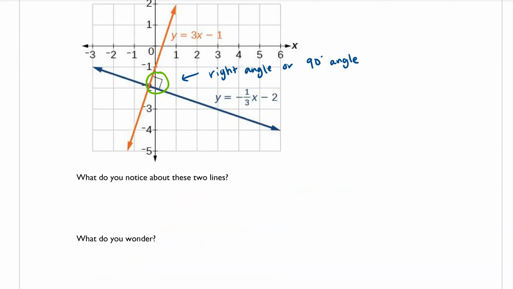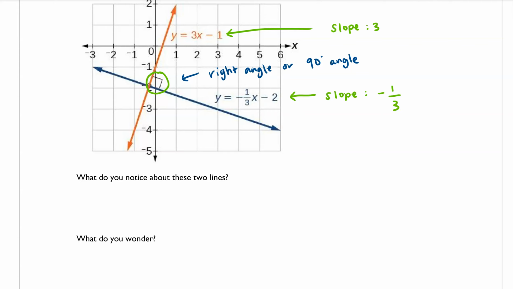What do you notice about these two lines? So we were talking about the slope. In the previous example, when lines are parallel, their slopes are the same. Here, you might notice a relationship between the slopes of these two lines. So here, the slope is 3, and here the slope is negative 1/3.